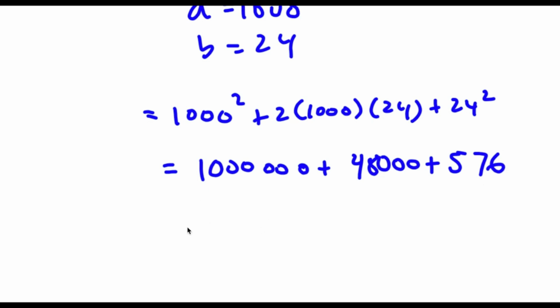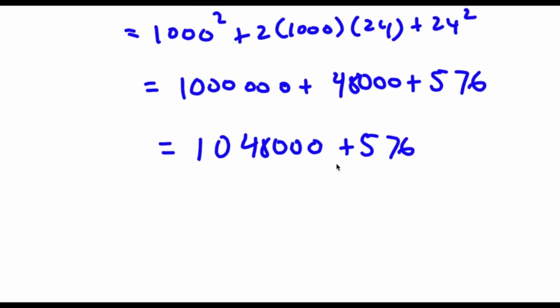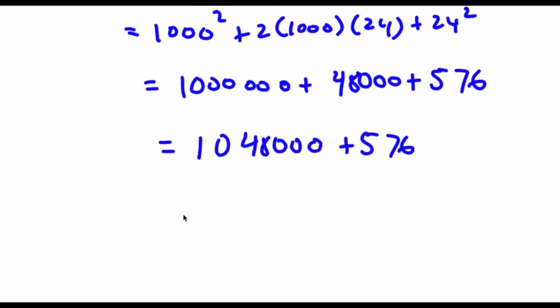Now, if I add all of these, 1 million plus 48,000 is simply going to equal 1,048,000 plus 576. And 1,048,000 plus 576, this is simply equal to 1,048,576.